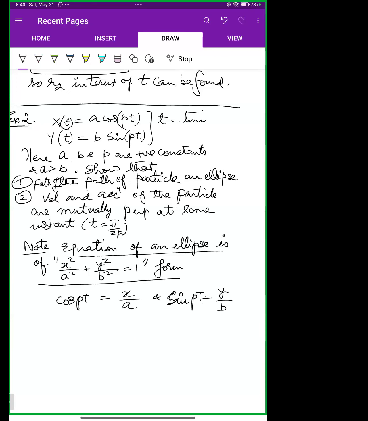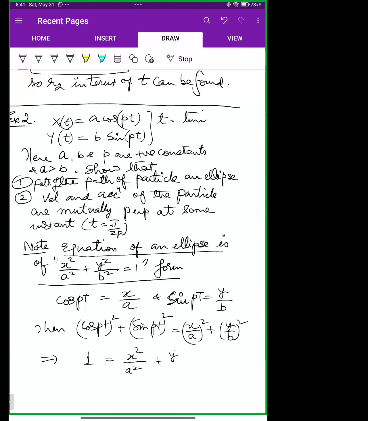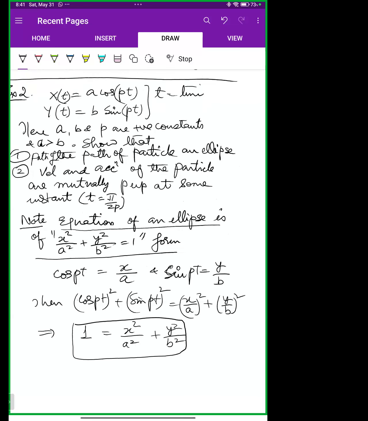Then cos pt whole square plus sin pt whole square is equal to x upon a whole square plus y upon b whole square. What is the left hand side? Left hand side is 1, since cos square something plus sin square something is 1. So 1 is equal to x square by a square plus y square by b square. So the path is an ellipse.